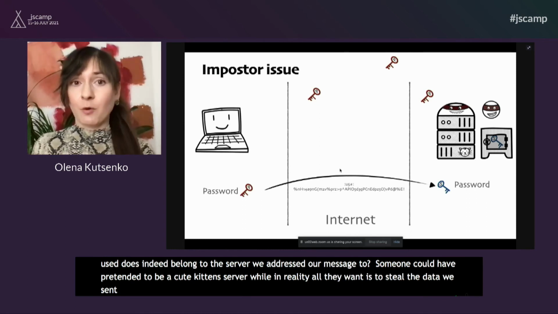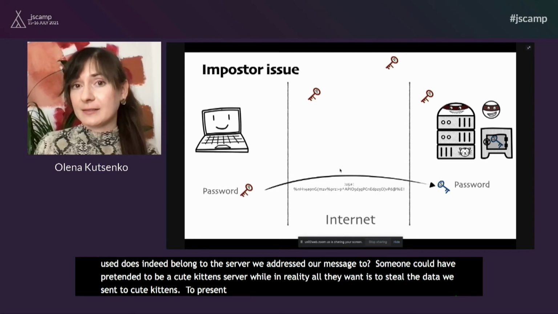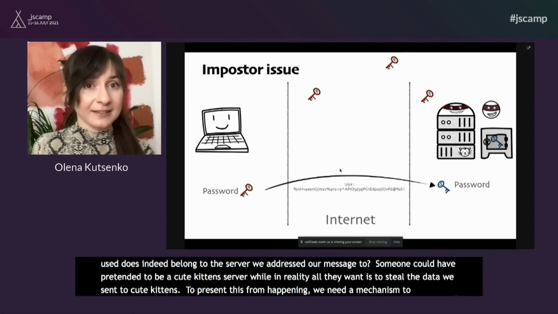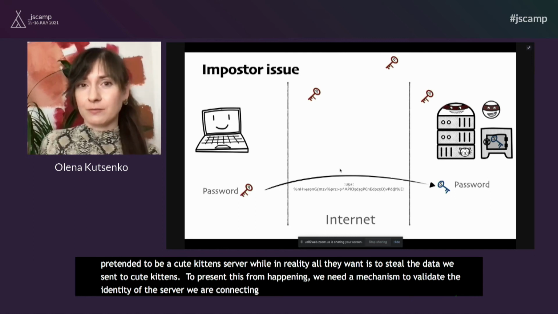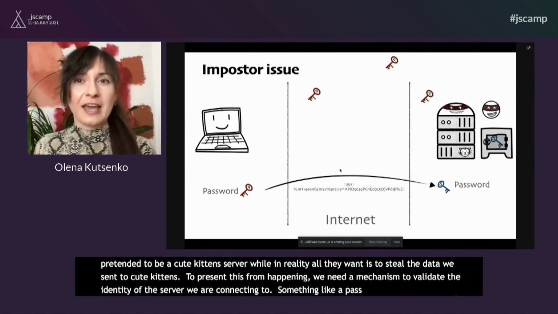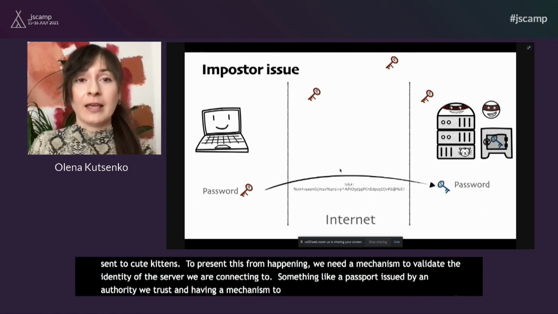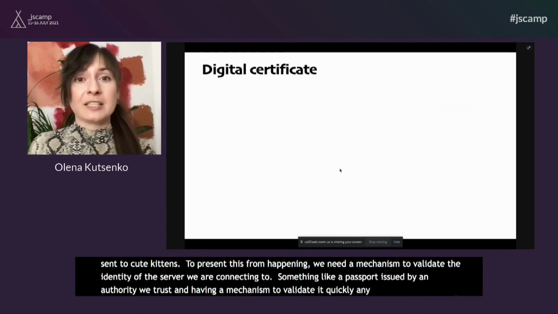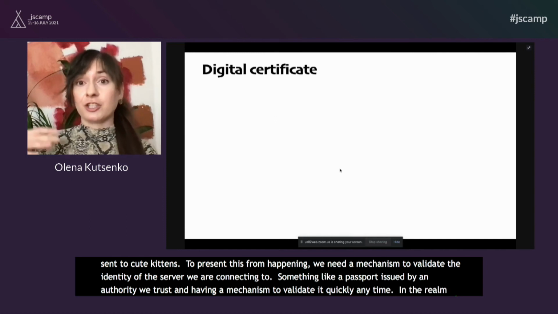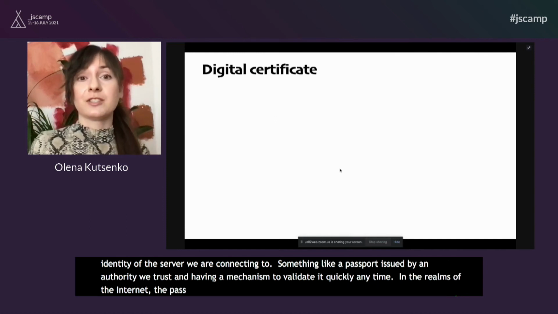To prevent this from happening, we need a mechanism to validate the identity of the server we are connecting to. Something like a passport issued by an authority we trust, and having a mechanism to validate it quickly anytime. In the realms of the internet, the passport is represented by a digital certificate and a digital signature, which are managed by the public key infrastructure.